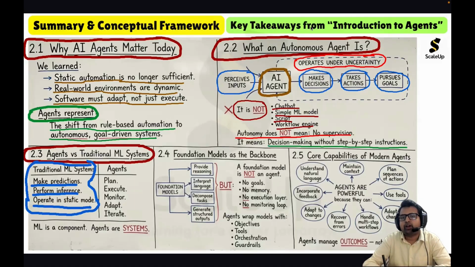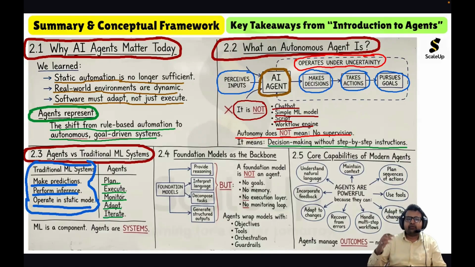But on the other hand, agents are very different from traditional machine learning systems, wherein agents can plan, they can execute, they can monitor, they can adapt, and they will keep on iterating this until the goal is achieved. So an agent is like a process, and a traditional machine learning system is like an input output. Like I gave an input, it instantly gave me an output. So that's it, input output.